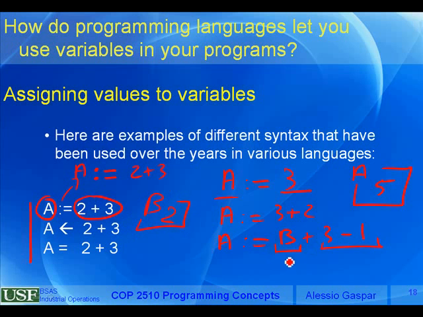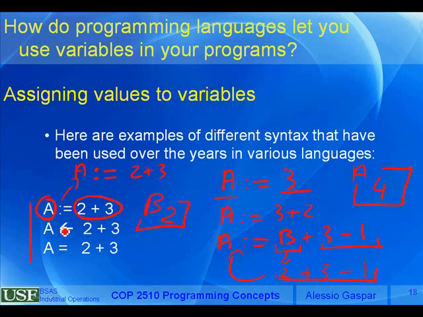I need to figure out the value of B, which is 2. I add 3 to it. I subtract 1. And then I evaluate this whole expression, and this is what I'm going to store in the variable A. So the final result is going to be 4.